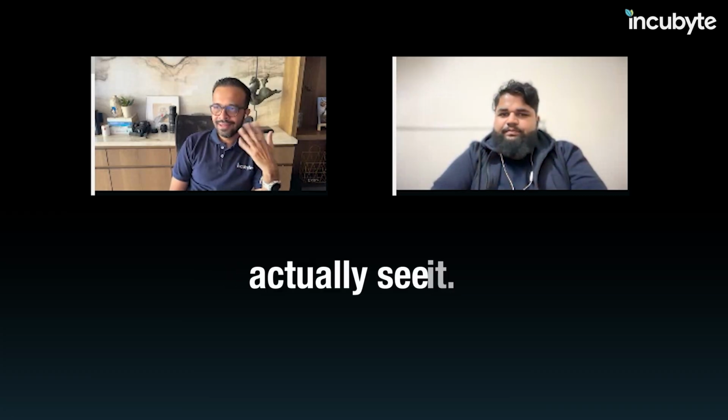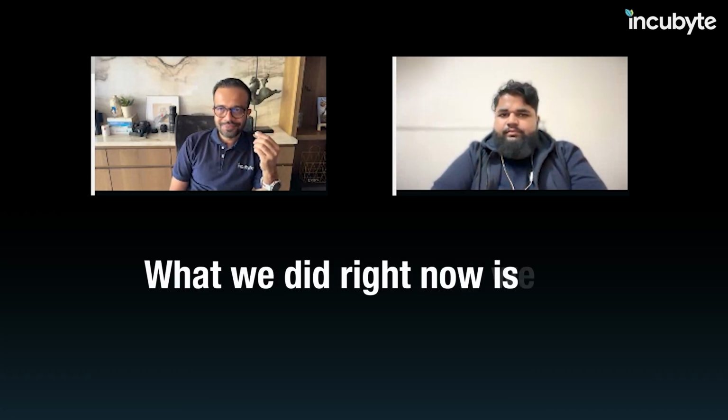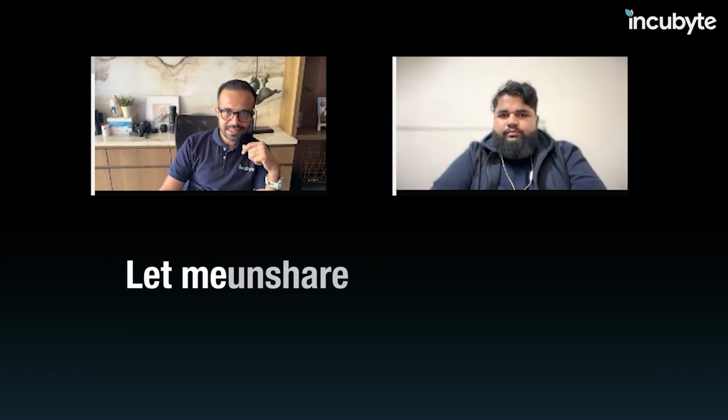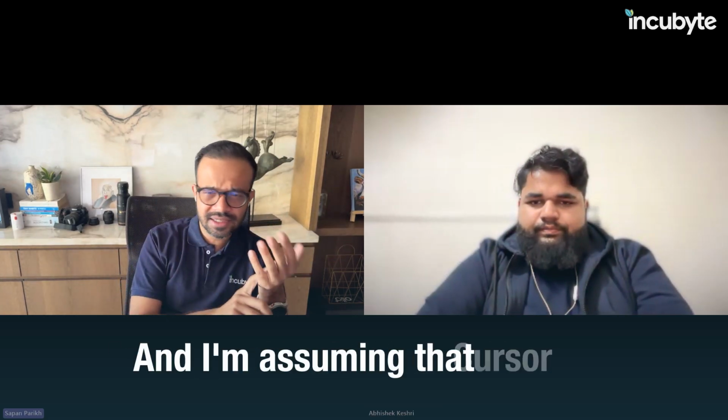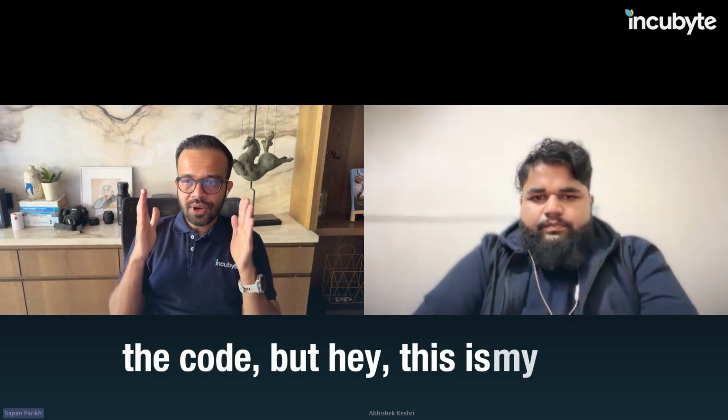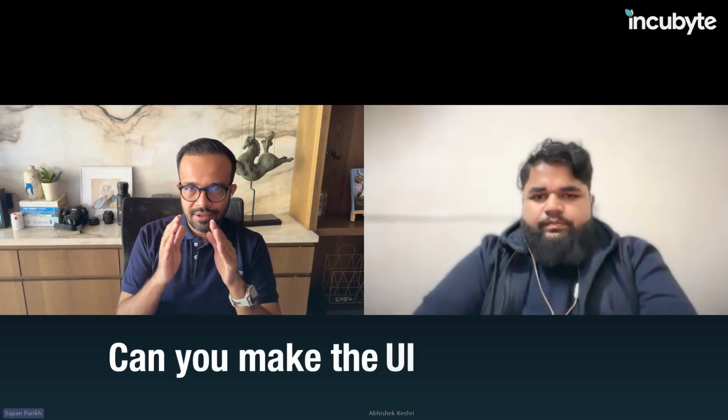What we did right now is we looked at how I could copy and paste screenshots directly to whatever tool, and I'm assuming Cursor, Claude Code and Copilot do that everywhere. Not just looking into the code, but, hey, this is my UI, can you make the UI look better?